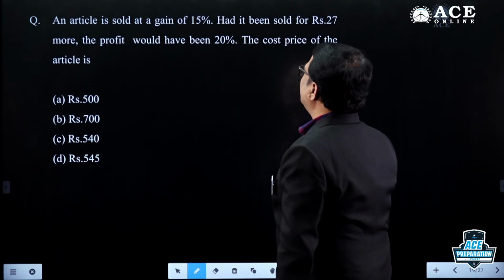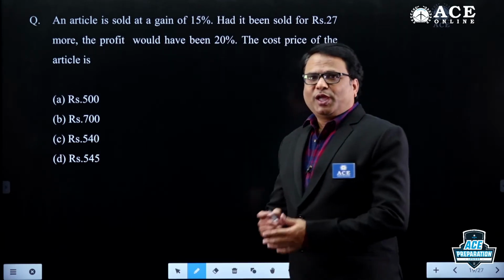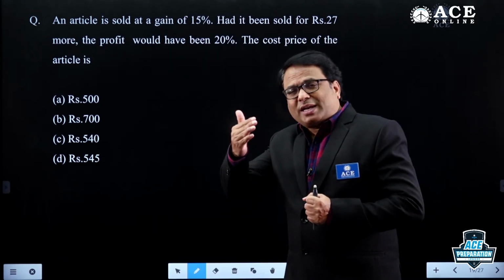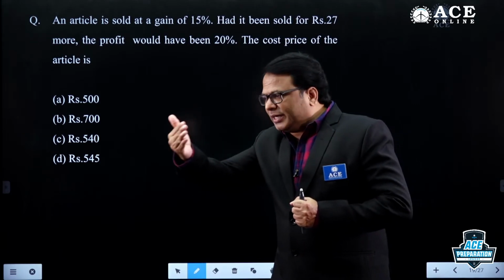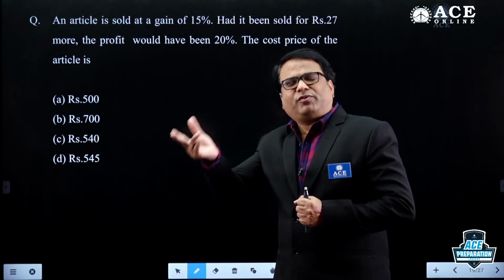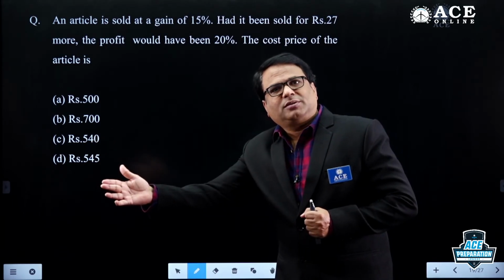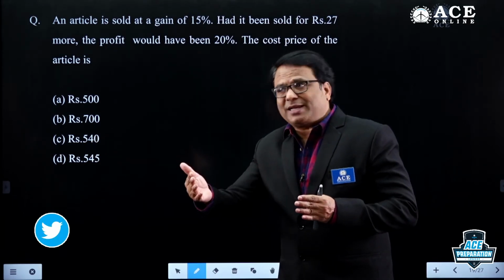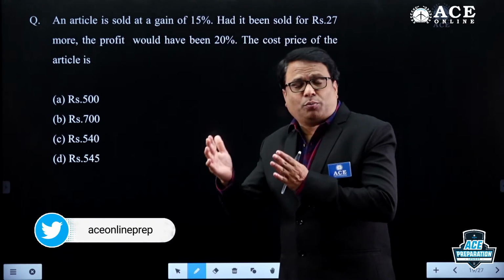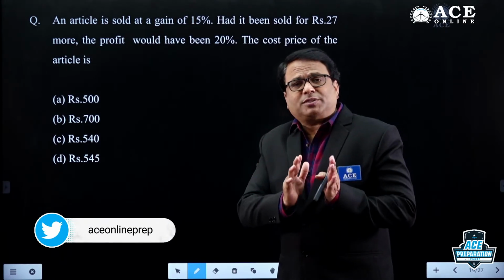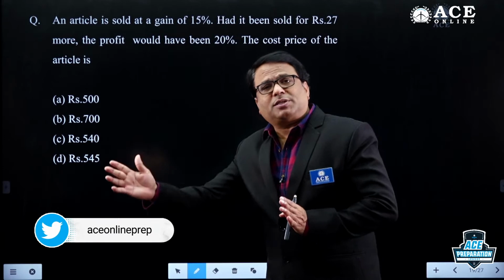Find the cost price of the article. Now, if you increase the selling price by 27 rupees, then 15% profit will become 20% profit.